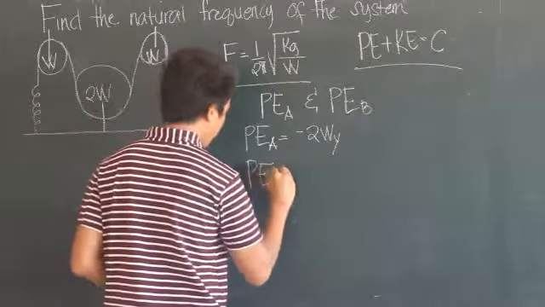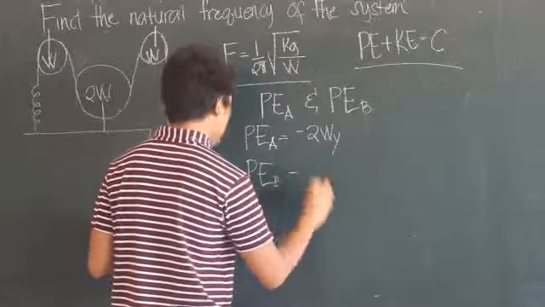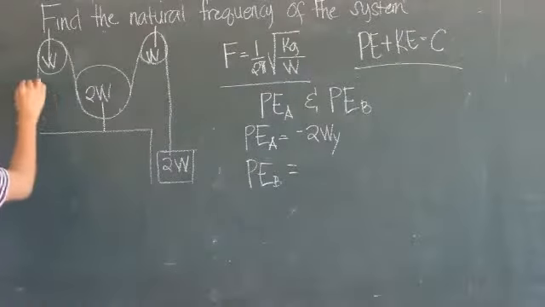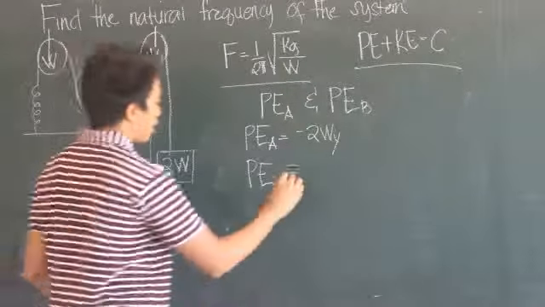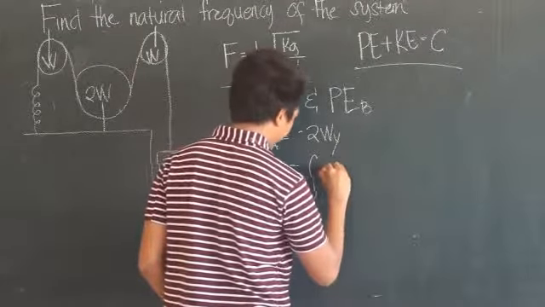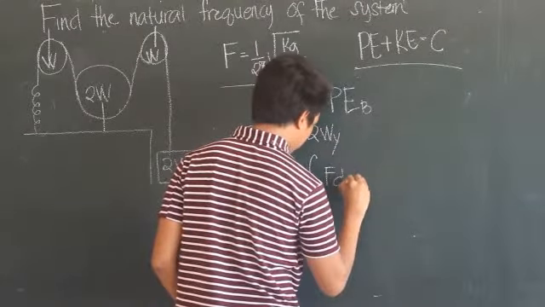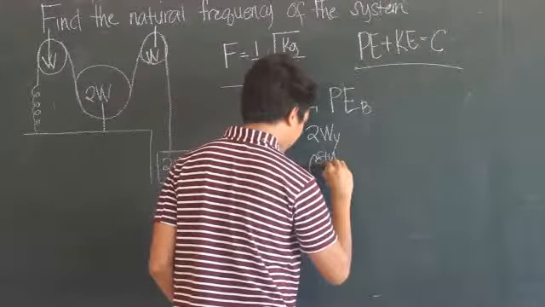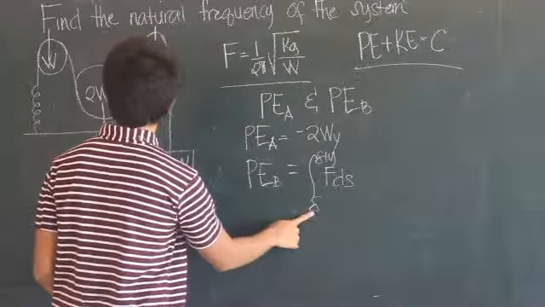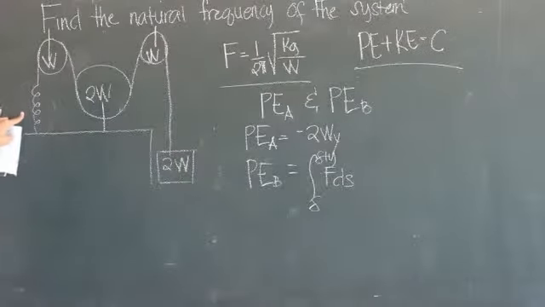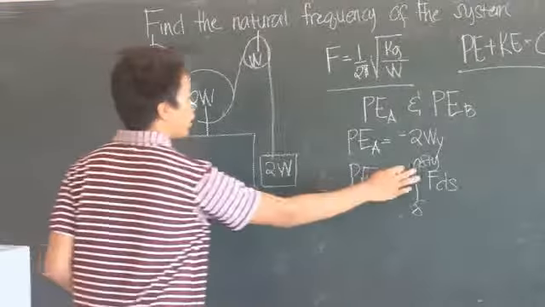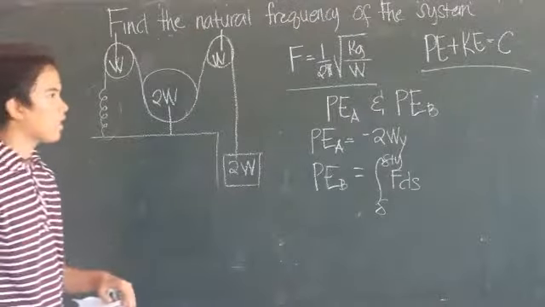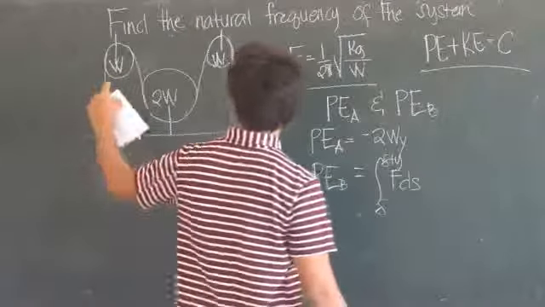Then for PEB is the potential energy stored in the spring. So, delta is the equilibrium elongation of the spring, and delta plus y is the instantaneous elongation of the spring.